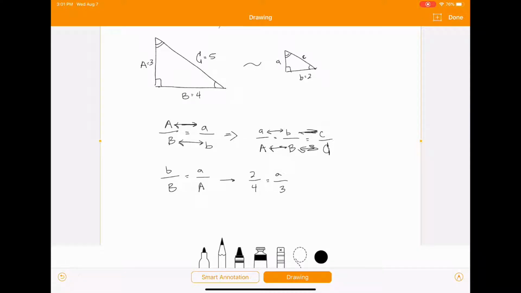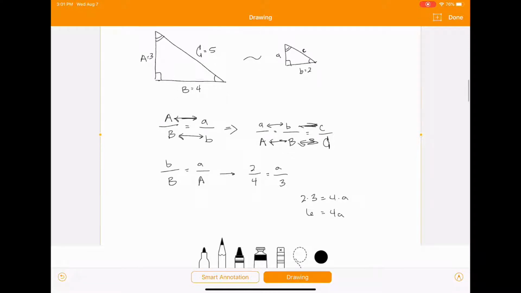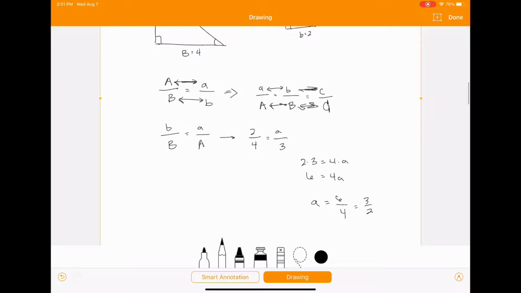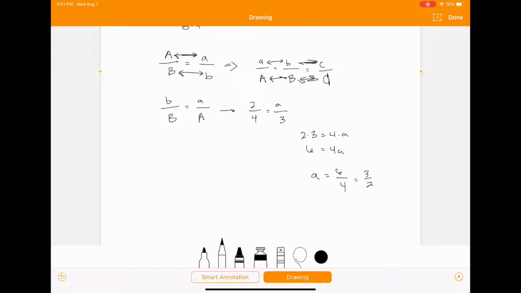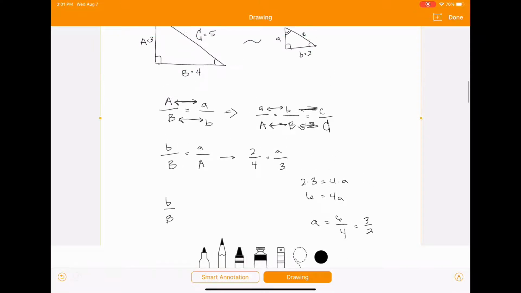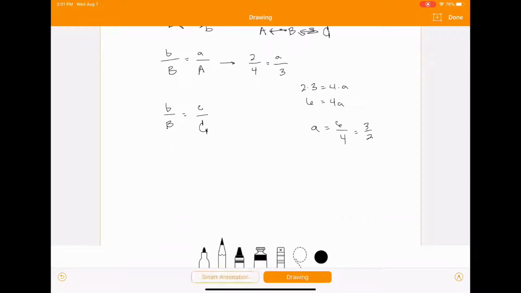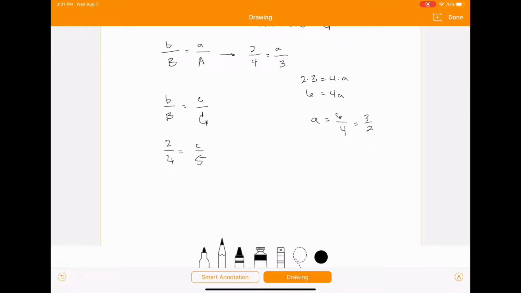Do our cross product, so 2 times 3 equals 4 times a, so 6 equals 4a, so a equals 6 over 4, which is equal to 3/2. All right, and then we can go ahead and use the same thing for side c, except we're going to replace this with little c and then big C. So we're going to have 2 over 4 equals c over 5.